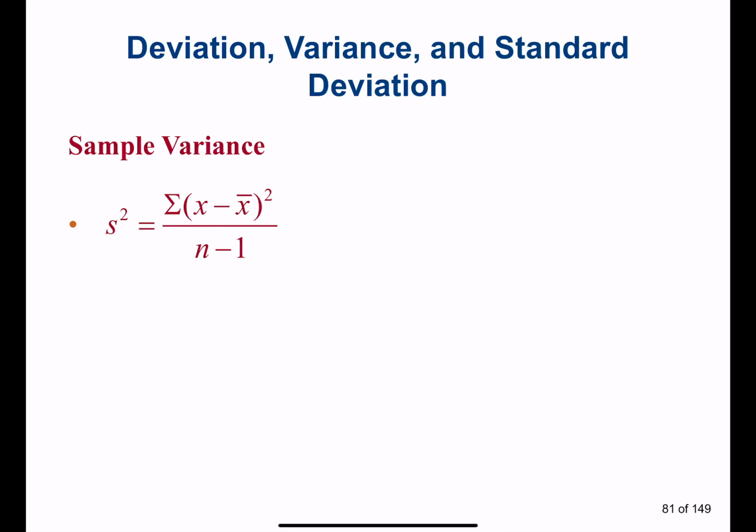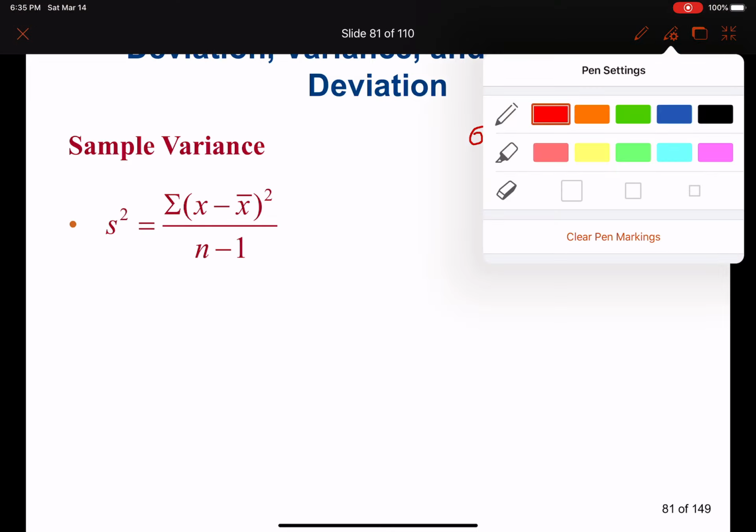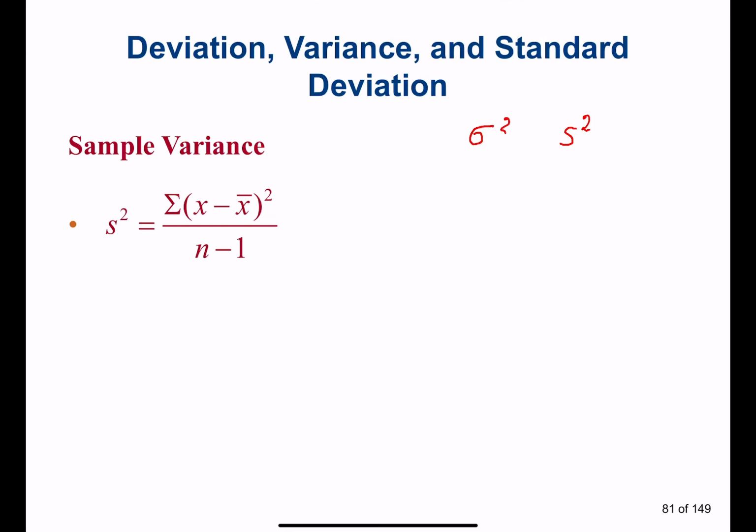So now, sample variance. While for the population the variance is sigma squared, for the sample it's going to be S squared, S meaning sample variance squared. Also here, instead of mu, we are using x bar, which is the average of the sample.